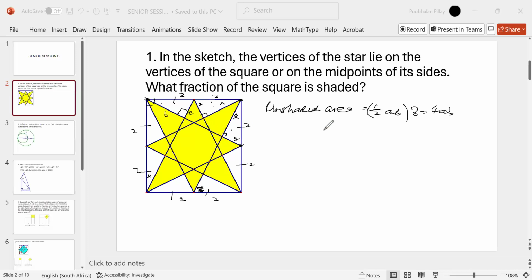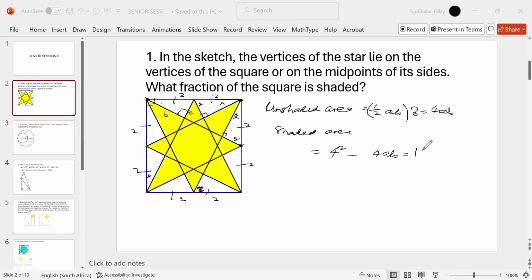It's 8 times half AB, which is 4AB. Okay, so therefore, the shaded area is the whole square, which is the area of a square is side squared, and the side is 4. So it's 4 squared minus the unshaded part.